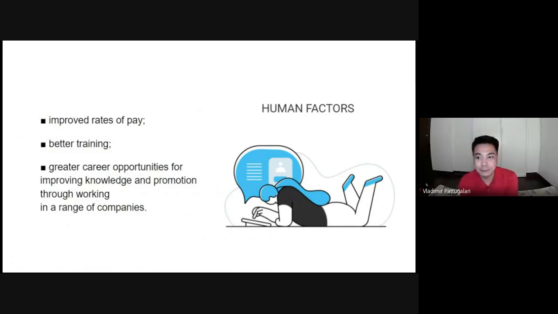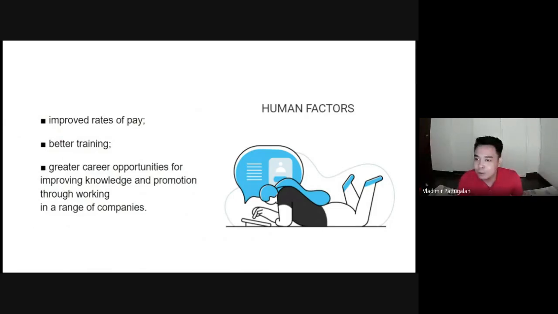So it depends on how it's all managed, and the employees also get better training when they move to the outsourced units from the internal units. And the third is greater career opportunities for them, since moving to an outsourced firm gives them more external experience and more experience in different firms, right?